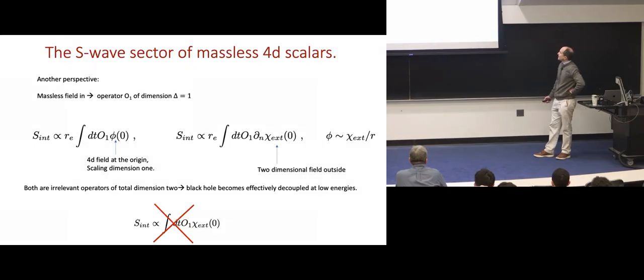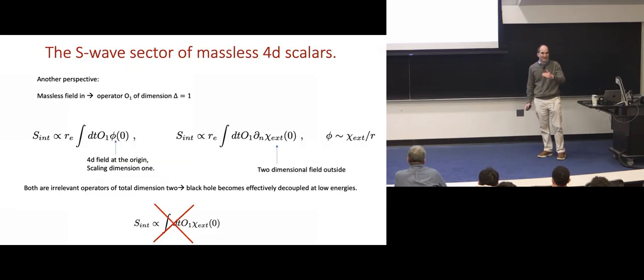black hole. Now, if you express this in terms of the massless two-dimensional field, the field that obeys just the massless wave equation, or has a standard two-dimensional massless action in the r and t directions, that's this field chi in the external region, related to phi in this way.